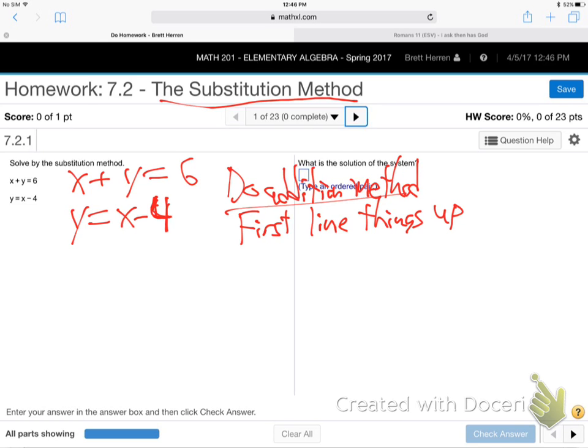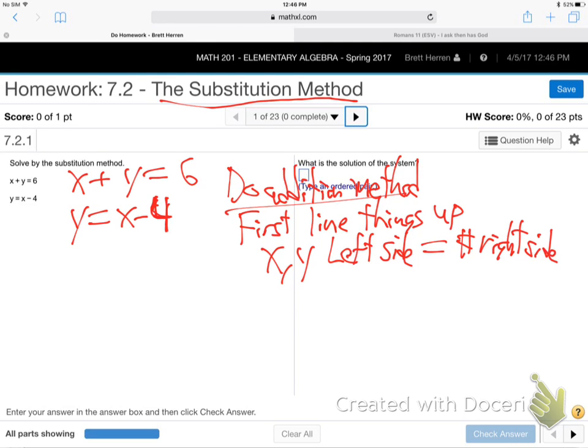Remember how you got to get x's over x's and y's over y's and numbers over numbers? Really, the best way would be x and y on the left side, then the equals and the number on the right side. Let's line them up like that. Let's get the x's and y's on the left side and the numbers on the right side.